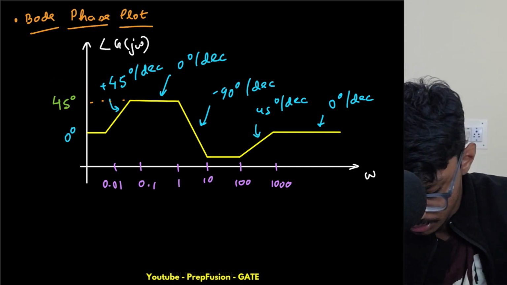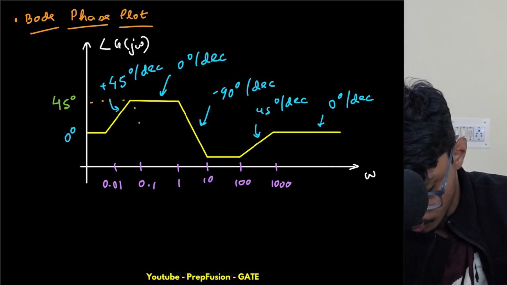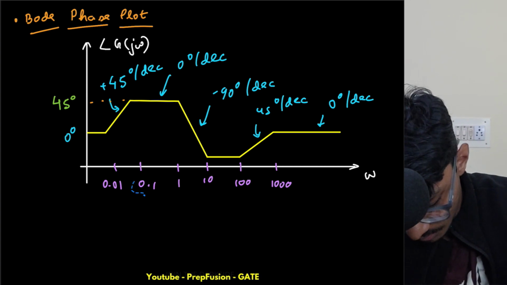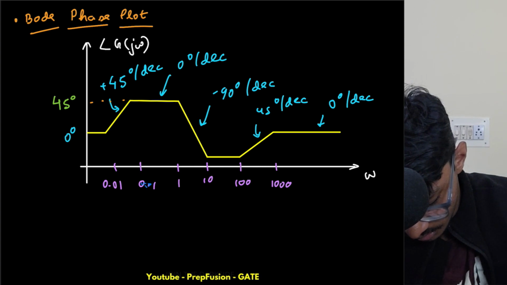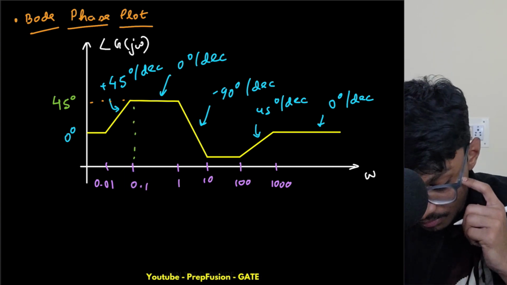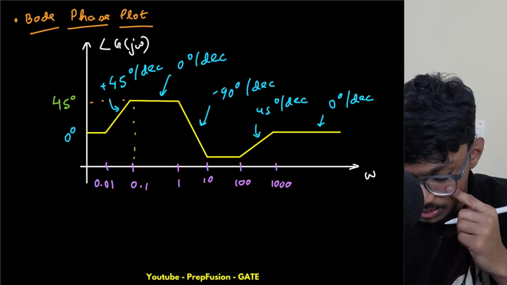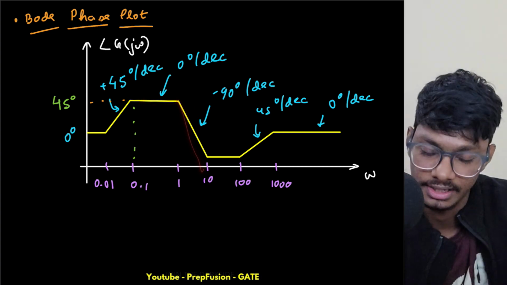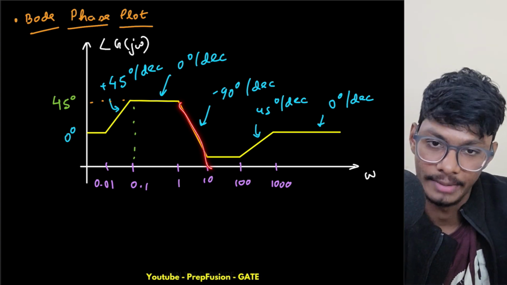Now after this, like this is at s equals to, so I need to move these points a bit. This point I need to move up. After this the slope is 0, so it will remain constant. Okay, then the slope is minus 90 degree per decade, so it will move minus 90 in one decade.